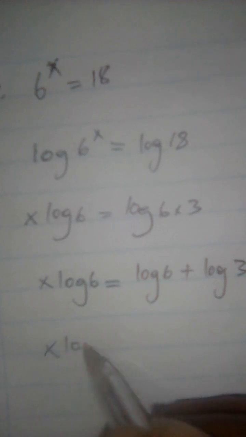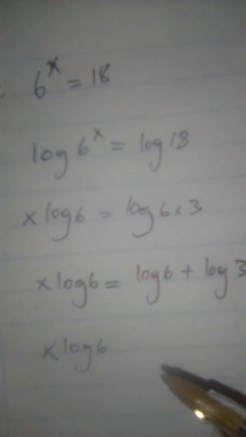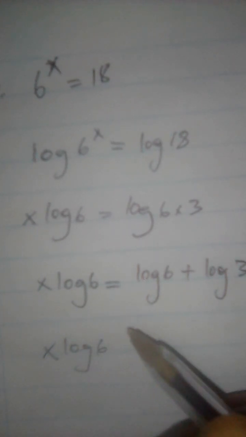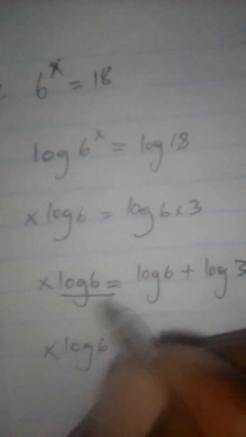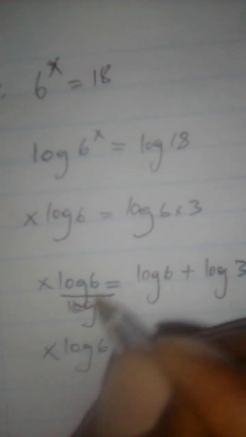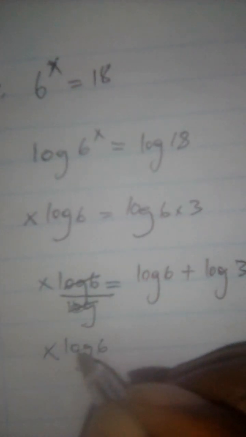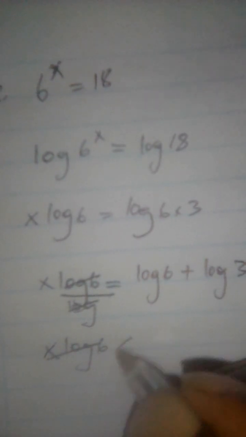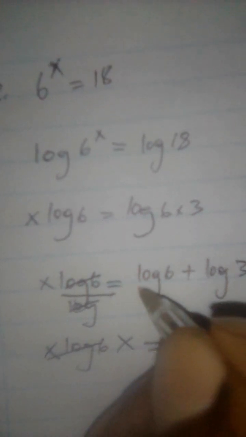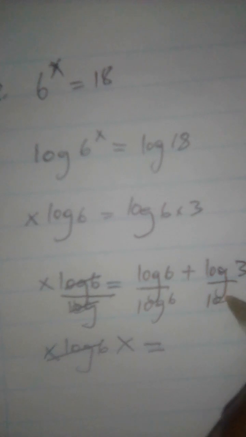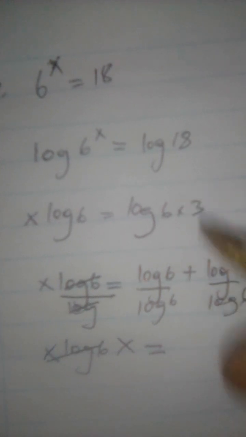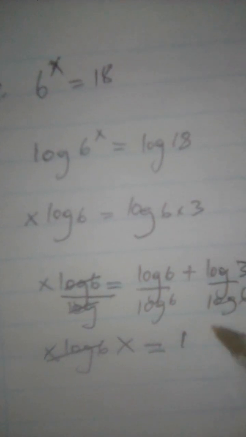Which then becomes x log 6. I'm going to divide the left hand side and the right hand side by log 6. So let me just write log 6, these two are going to cancel, so I'm going to be left with x on this side, divide by log 6 and divide by log 6. This one is 1 plus log 3 over log 6.